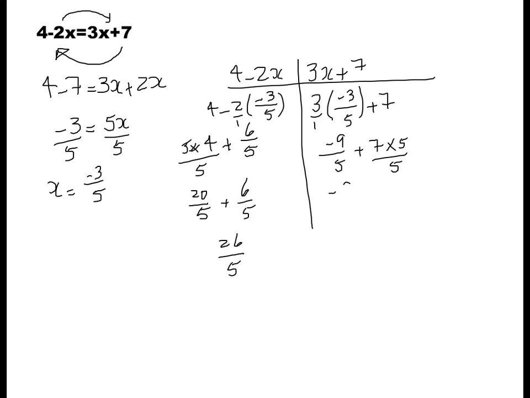I get negative 9 over 5 plus 7 times 5 is 35 over 5. Now 35 minus 9 is going to give me 26 over 5. You can see that both are equal, so the solution is correct.